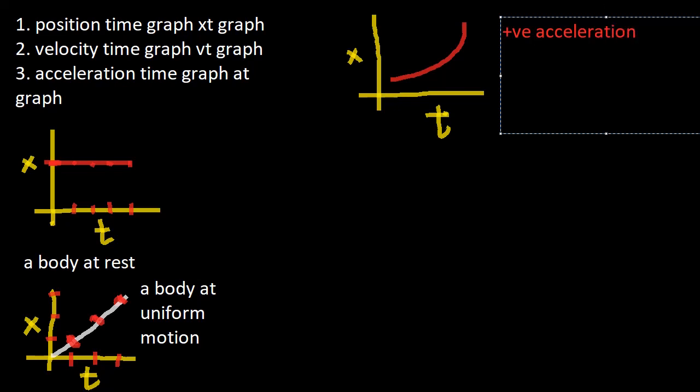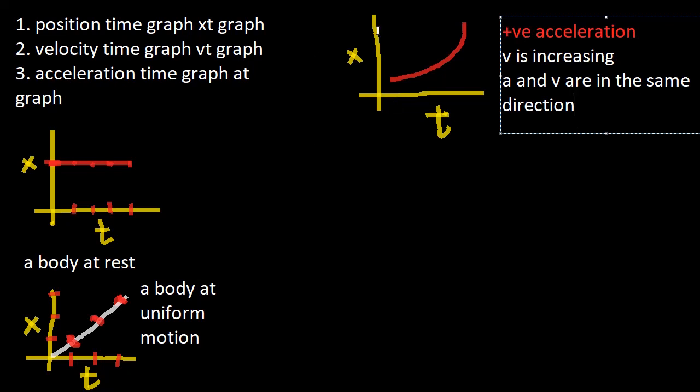Since it is positive acceleration, we know that the velocity is increasing. So this is the xt graph of a body with non-uniform motion of this type, that is positive acceleration, or velocity increasing. We can also say that the acceleration and velocity are in the same direction, right?